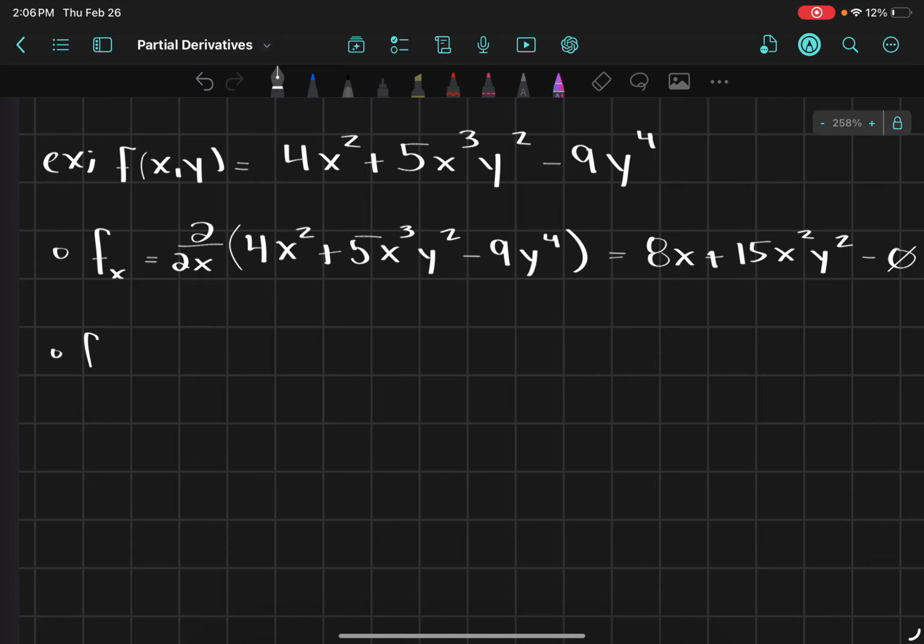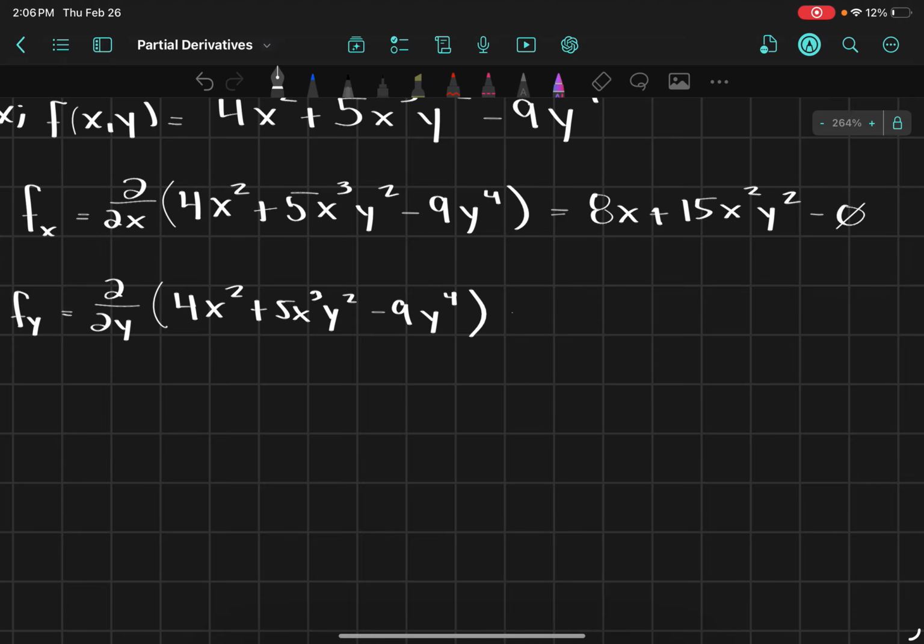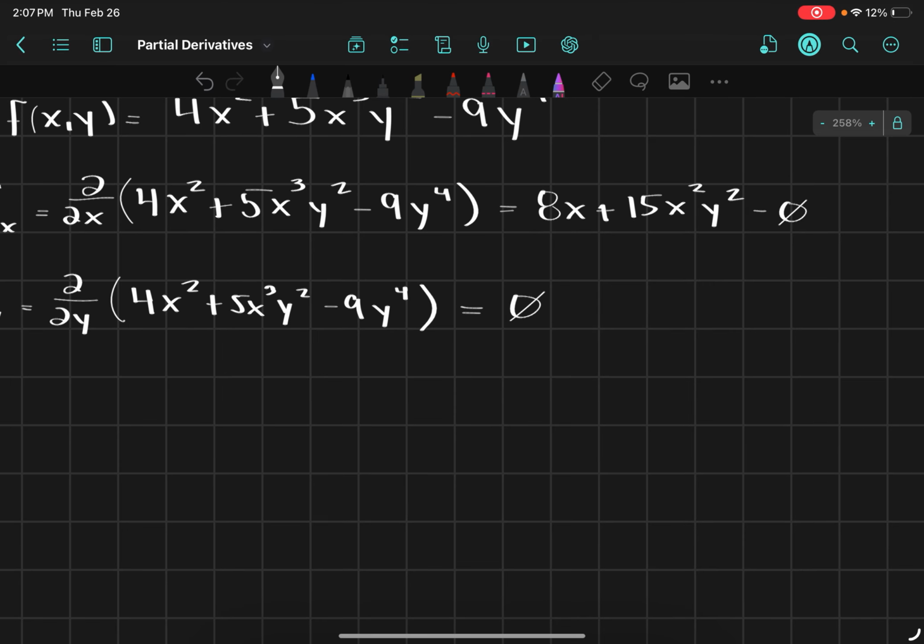For our f sub y, we're taking the partial of the function with respect to y. So we're taking the partial of 4x squared plus 5x cubed y squared minus 9y to the fourth with respect to y, equaling what? That 4x squared, same thing as a constant, that's just going to equal 0. 5x cubed y squared, same thing as the last one except with x this time.